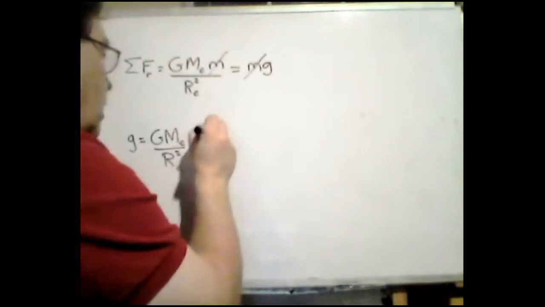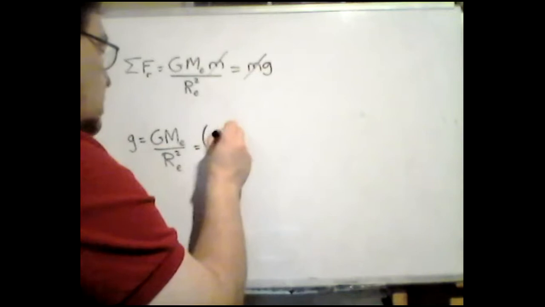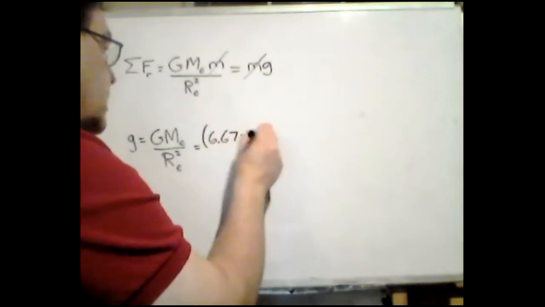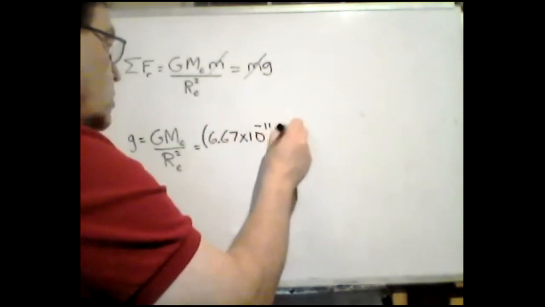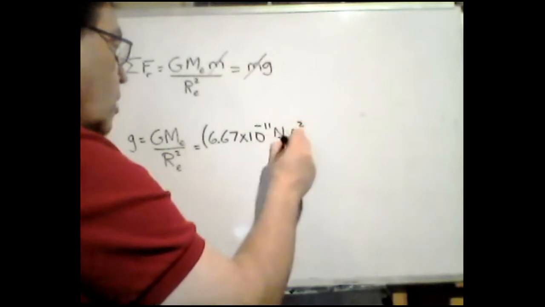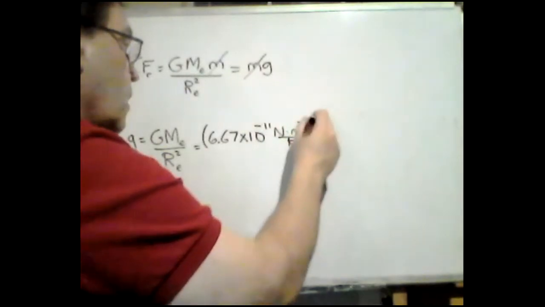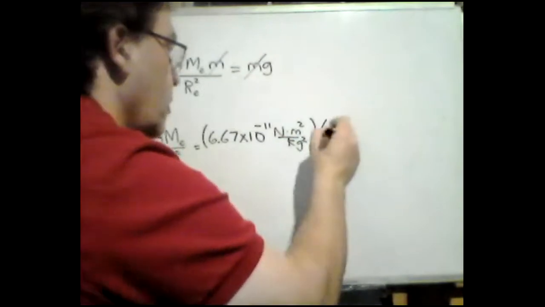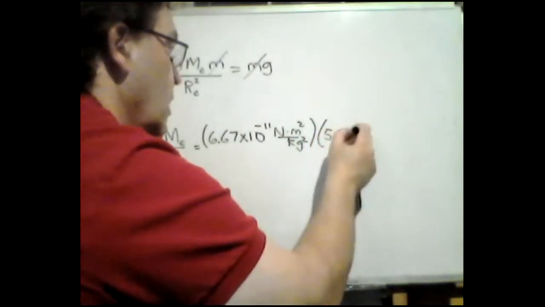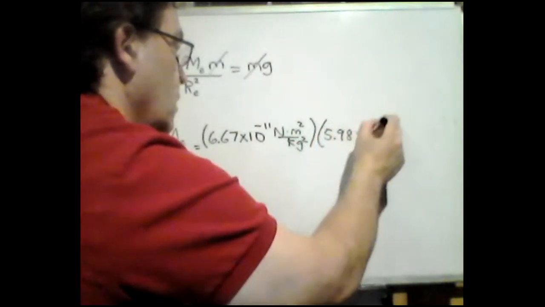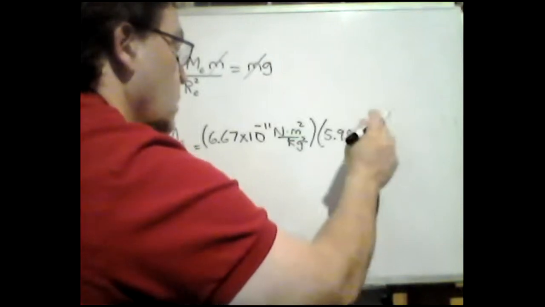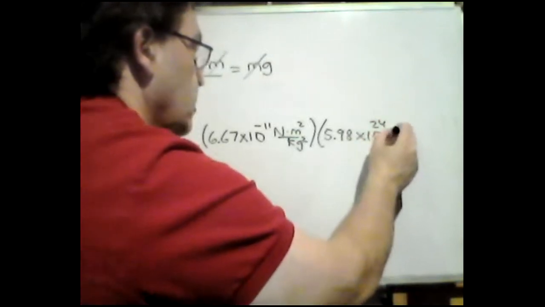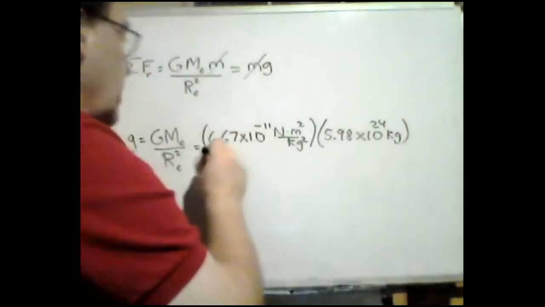The universal constant, 6.67 times 10 to the negative 11 newton meters squared per kilogram squared, times the mass of the Earth, 5.98 times 10 to the 24th kilograms, and then divided by the radius of the Earth squared.